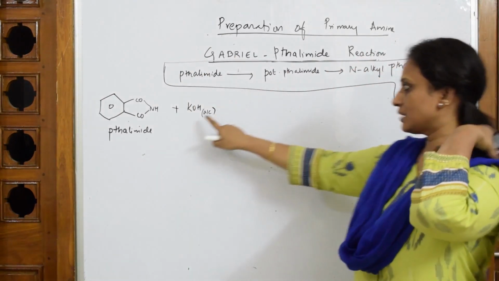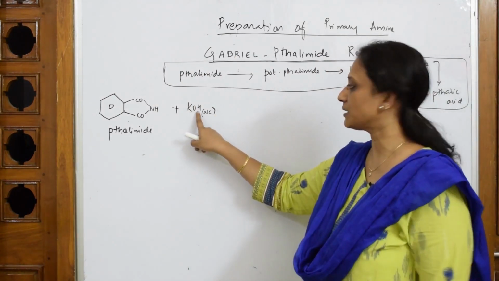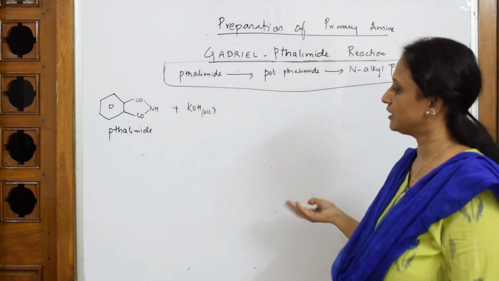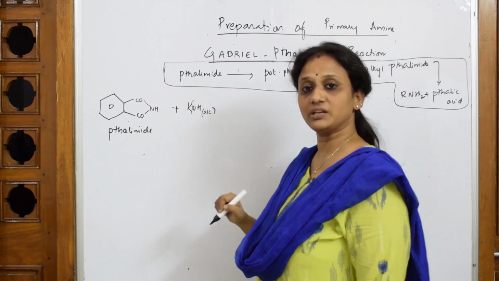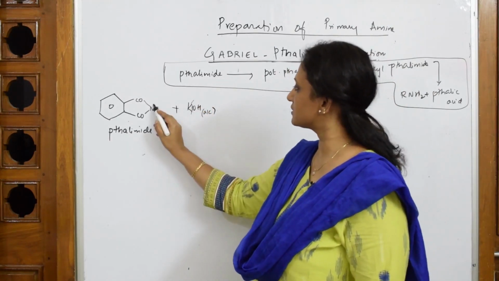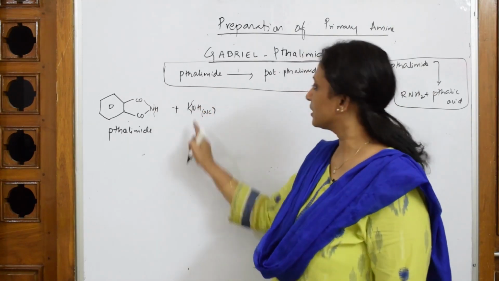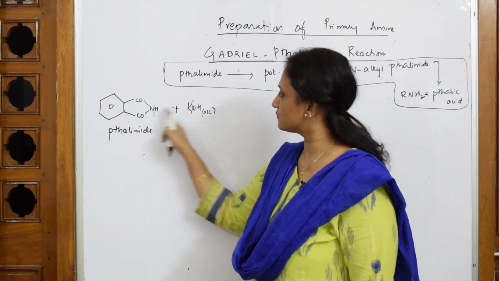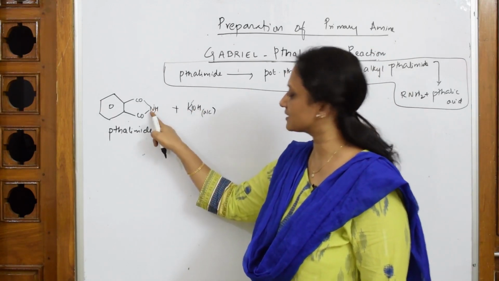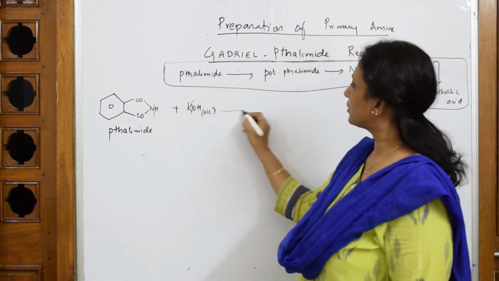Now this KOH, I said, is going to supply OH as the nucleophile. First important thing, there's a cleavage of the bond here. This potassium, there is a cleavage of the bond here also. This potassium goes, because I said this is going to supply OH, this comes out as water, and potassium goes and attacks this nitrogen. What product do I get?